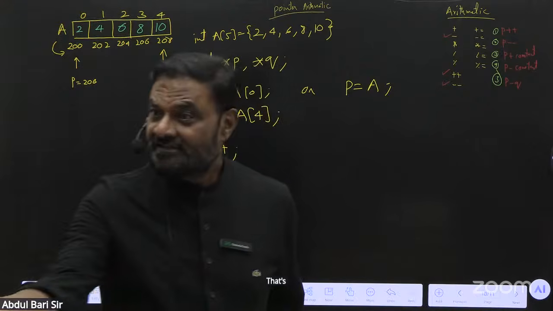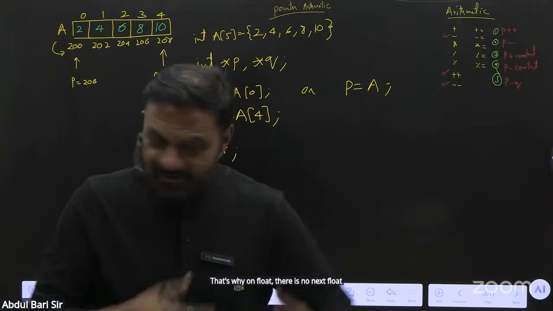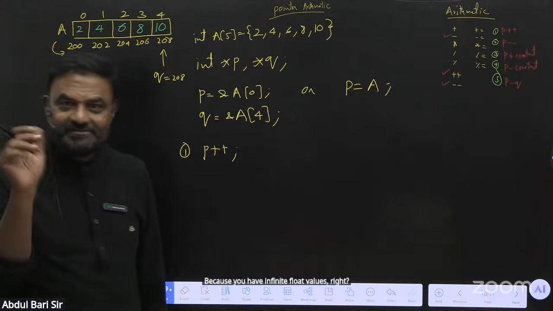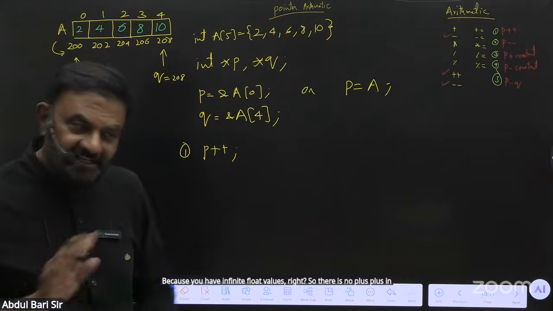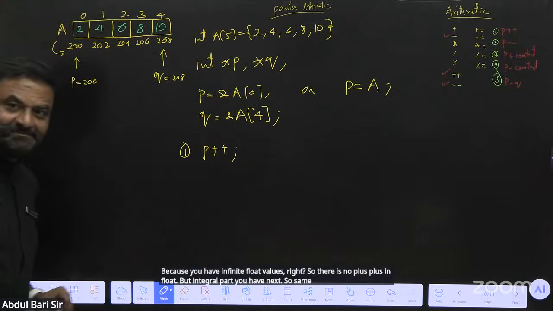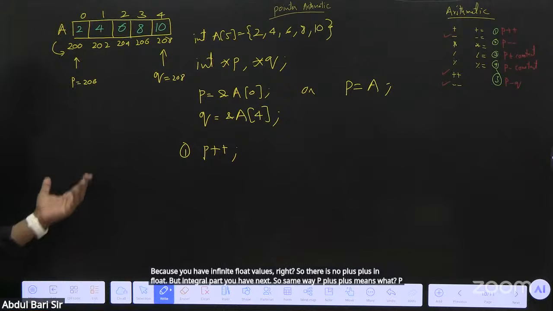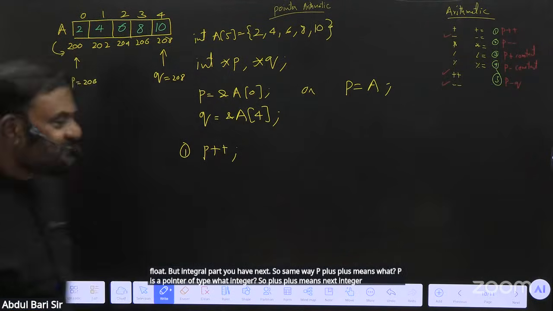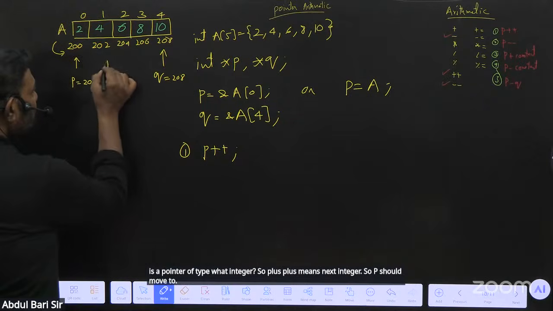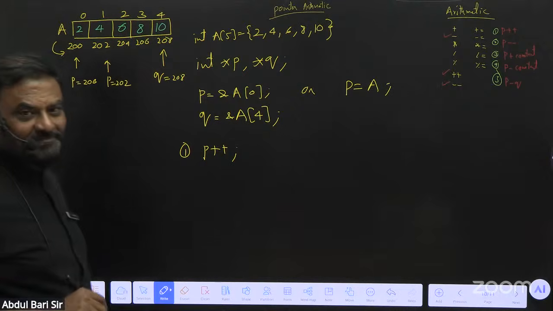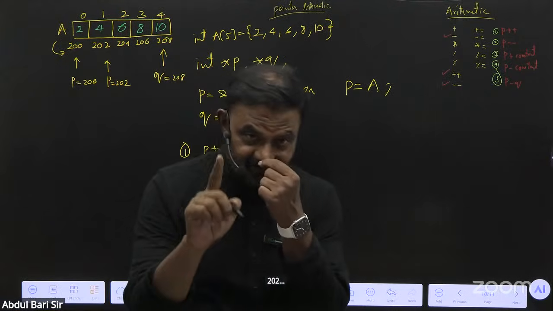That's why on float, there is no next float because you have infinite float values. So there is no plus plus on float. But for integral types, you have next. Same way, P plus plus means what? P is a pointer of type integer. So plus plus means next integer. So P should move to 202. Let me finish.